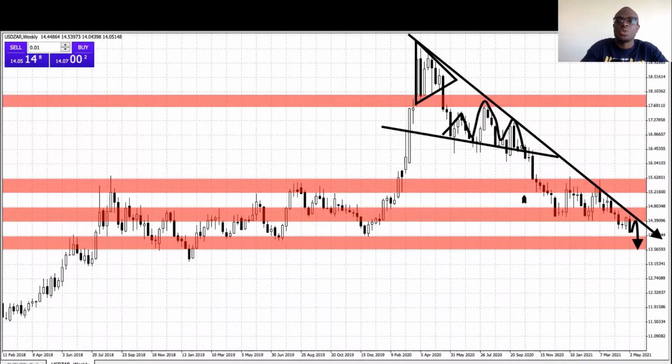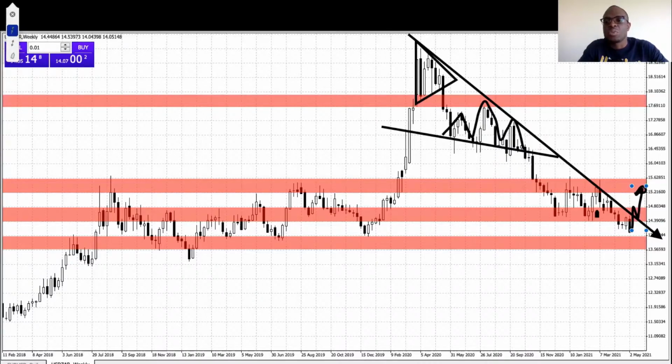Now we should expect the unexpected with the markets, because no one really controls this. So what we'll be expecting as an anomaly is where the price is going to just reverse here to seek to retest this 14.39096 and maybe break above this zone, and also above the trend line resistance zone, and subsequently it might pull back to retest it now as a support zone before moving all the way to the upside.